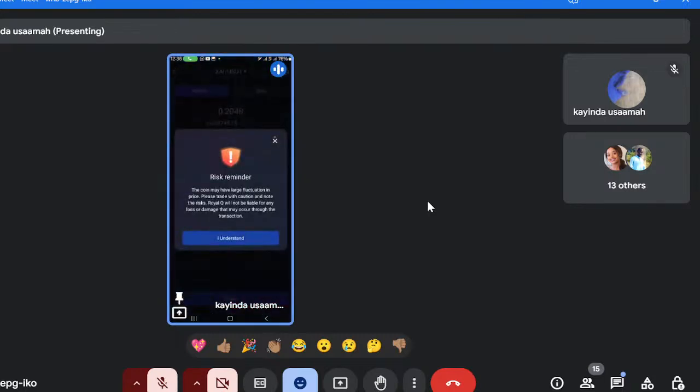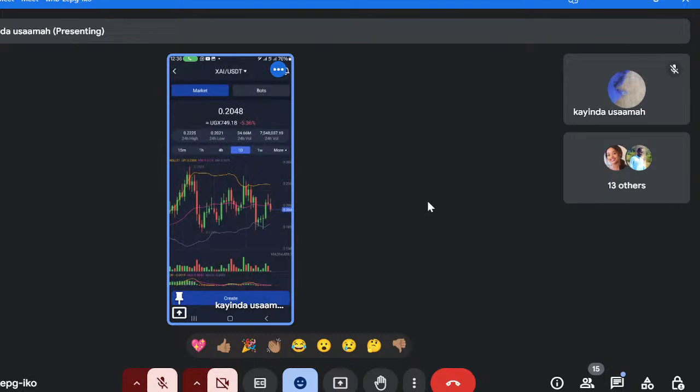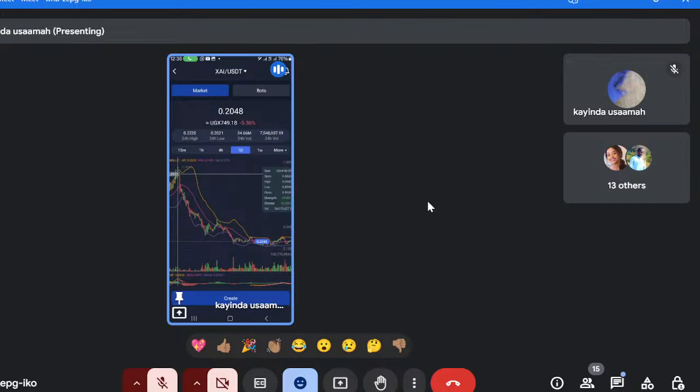Let's look at its price. We're going to check its market. Let's check one day before. Look at this coin. One day it was at $0.9. That was in June 2024. In June, this coin was at 0.9, but currently it is at 0.2.